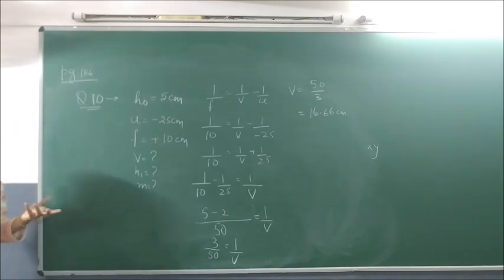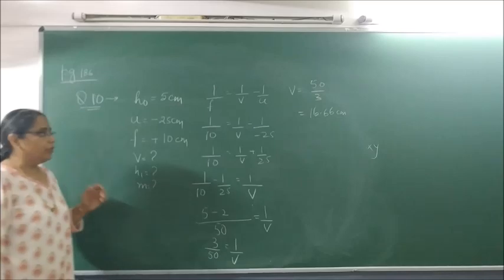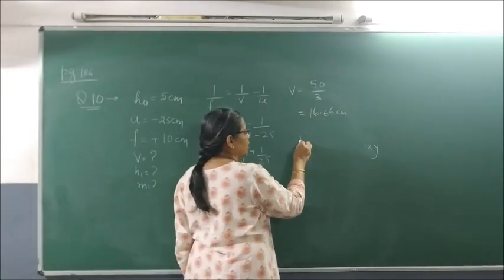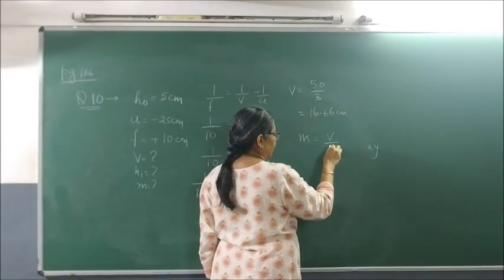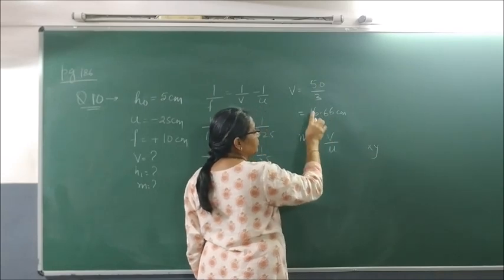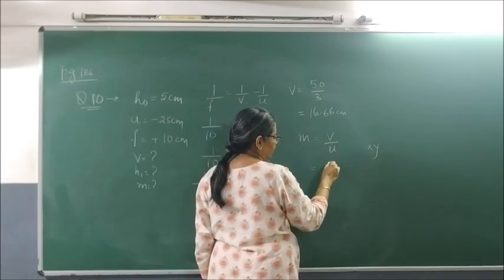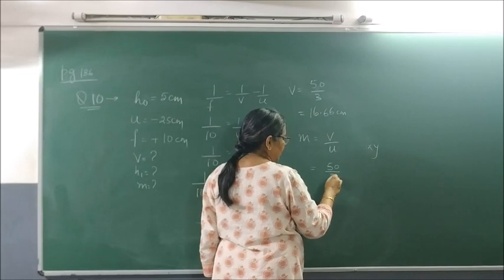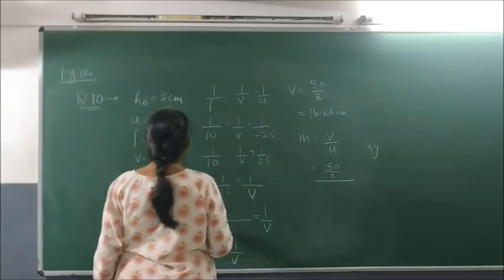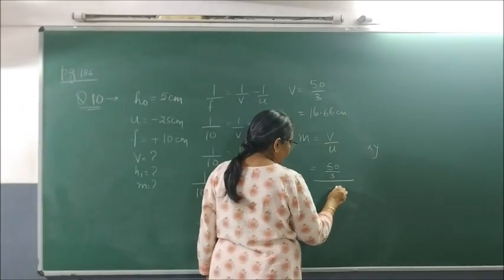Okay? If the V is positive, it means the image is real and inverted. So your magnification should come in negative. So we will try our magnification part. So M is equal to V by U. I will not take 16.66. I will prefer to take it as 50 by 3. 50 by 3 by what is our U? Minus 25.